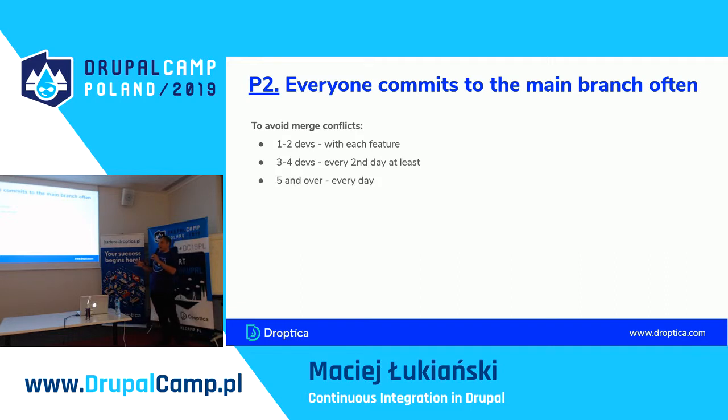Now, at Droptica, we recommend that you commit very often, at least at the end of the day, so that if you go home, everybody has all the code that you worked on. But there's a rule of thumb: if you have 1 or 2 developers on a project, you maybe can even merge with each feature.